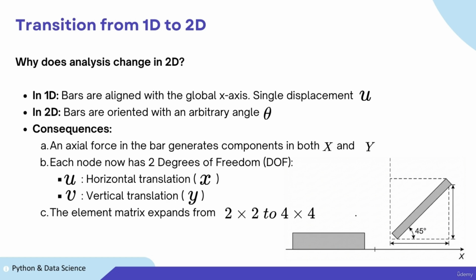First, an axial force in the bar now splits into components in both the x and y directions. Second, each node now has 2 degrees of freedom. We have u for horizontal translation and v for vertical translation. And third, because we have more degrees of freedom, our element matrix expands from a simple 2x2 grid to a 4x4 matrix.